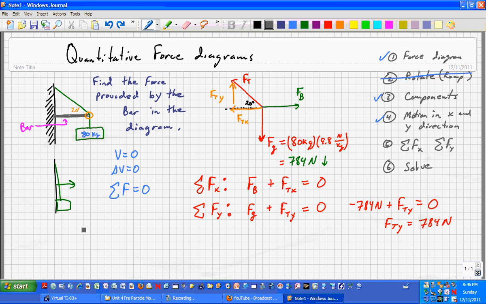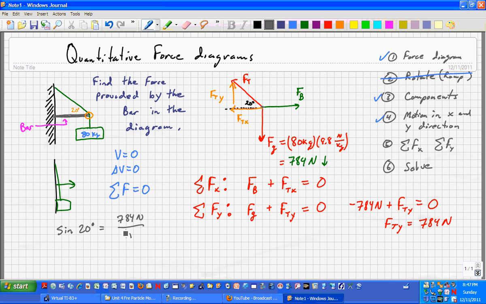According to SOHCAHTOA, sine of 20 degrees is going to be equal to the opposite, which is the force of tension in the y direction, which is 784 newtons, over the hypotenuse.